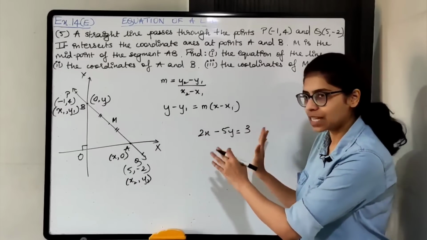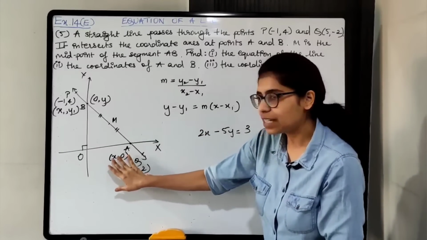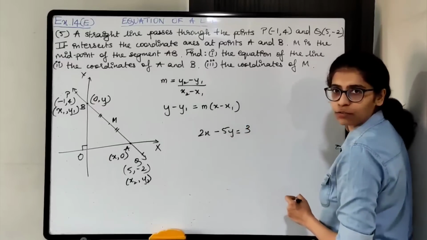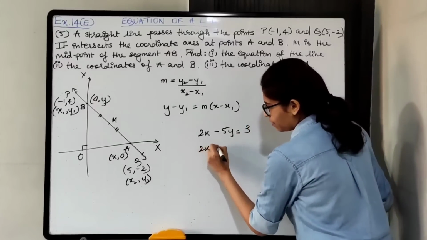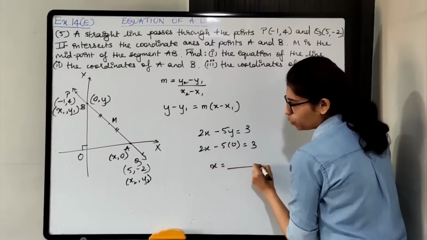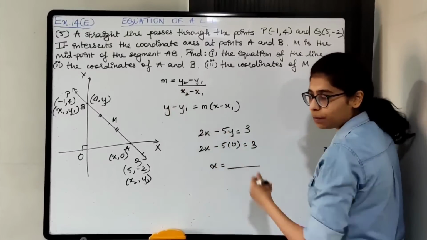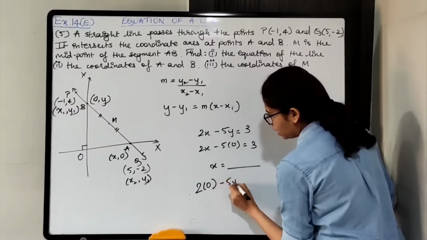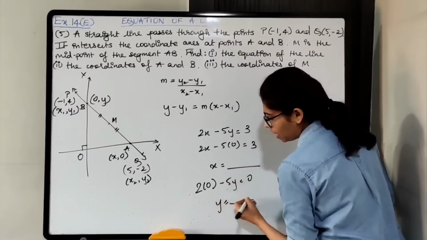Okay, I've just taken this as an example. So I can easily put y coordinate as 0 over here. y 0 हो जाएगा for A. So I'll easily get x का value. Same way for B, I can take x as 0 and I can easily find out y का value.